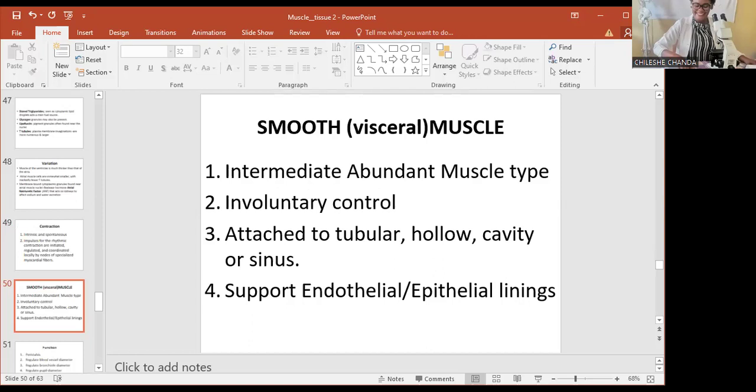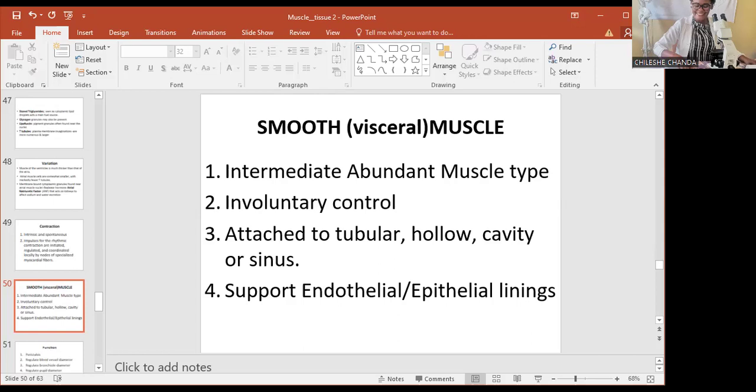Smooth muscle is also known as visceral muscle, like I said, because it is usually found in visceral organs, the organs of the insides. It is the second most abundant muscle type, meaning the most abundant was skeletal and the second is smooth muscle.